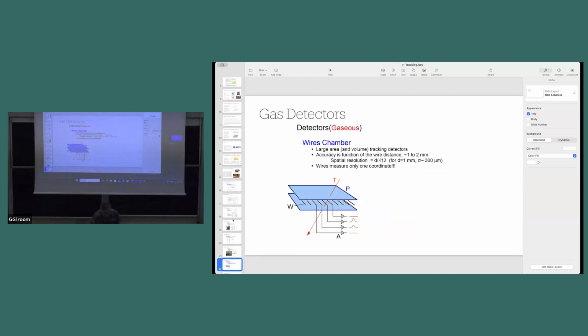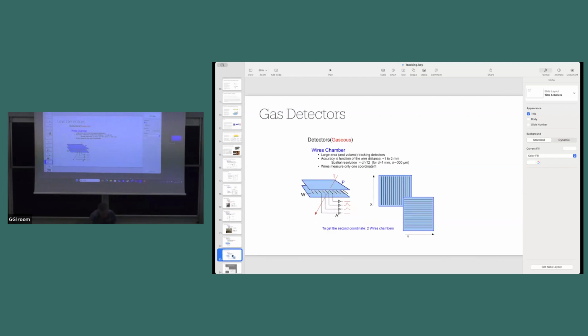So you can have gas detectors that are wire chambers that allow large area and volume tracking. The accuracy is basically a function of the wire distance divided by the square root of 12 for a uniform distribution. With charge sharing, and similar to silicon, the wires measure only one coordinate.